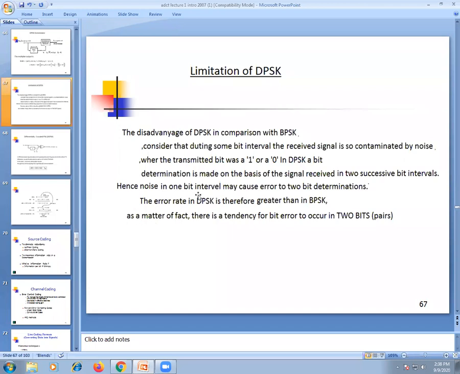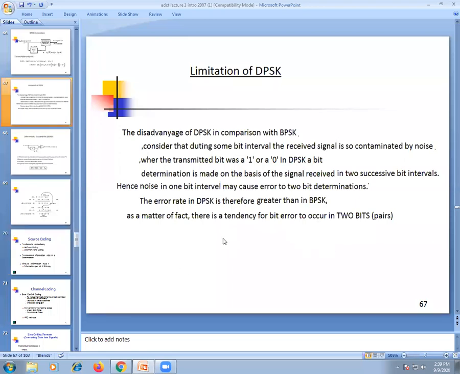So noise in one bit interval may cause errors in two bit determinations. The error rate in DPSK is therefore greater than in BPSK. As a matter of fact, there is a tendency for bit errors to occur in pairs.